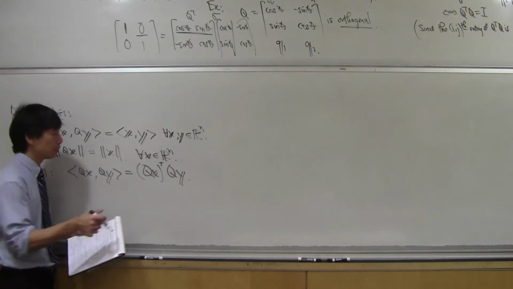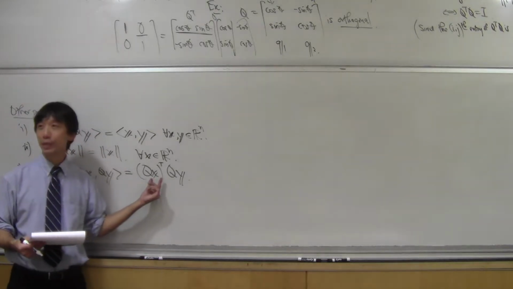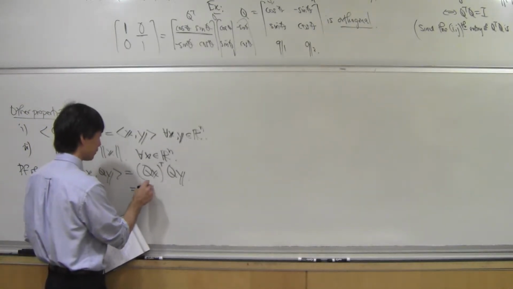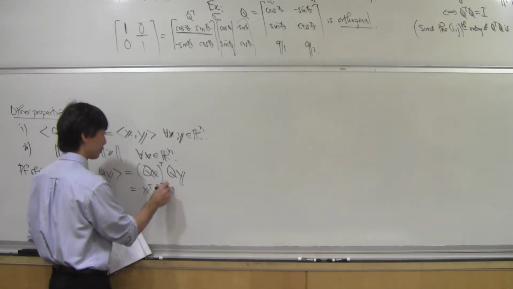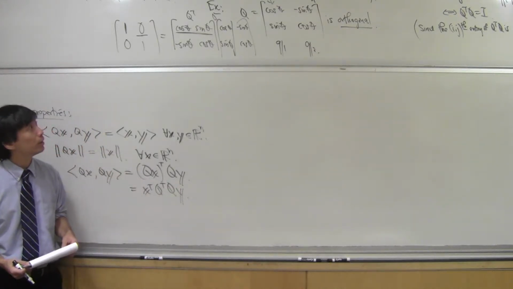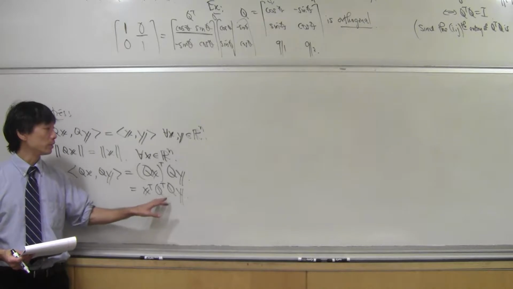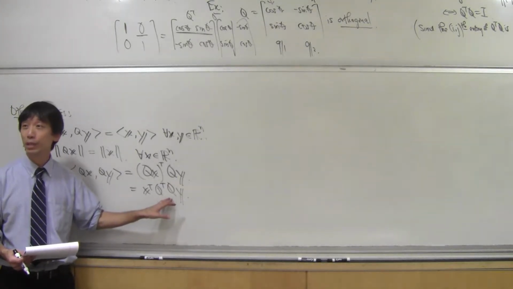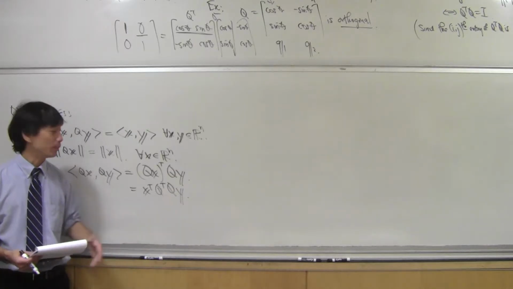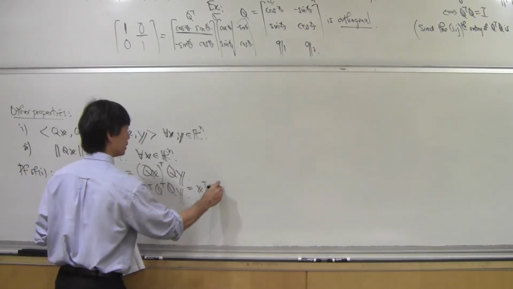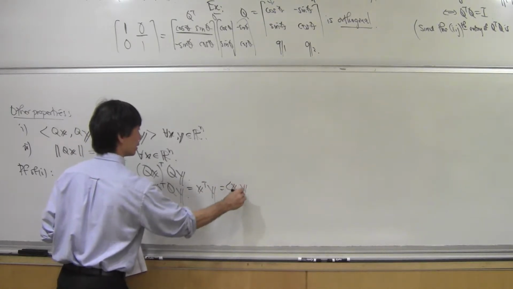What's the transpose of Qx? x transpose Q transpose. Thank you. x transpose Q transpose. And so we end up with x^T Q^T Q y. But what's Q^T Q? The identity matrix. And so we end up with just x transpose y, which is the inner product, the dot product.